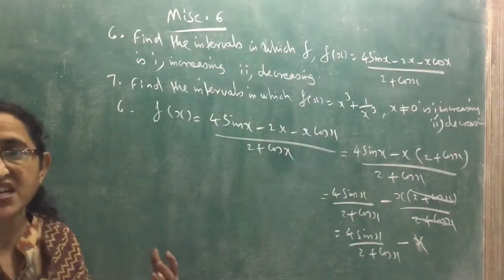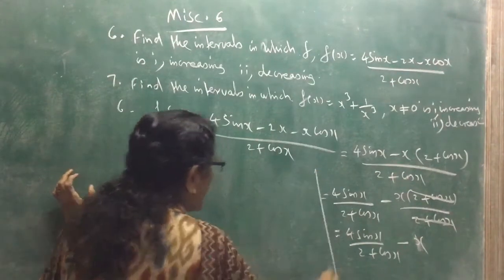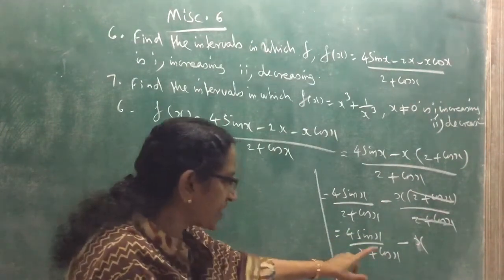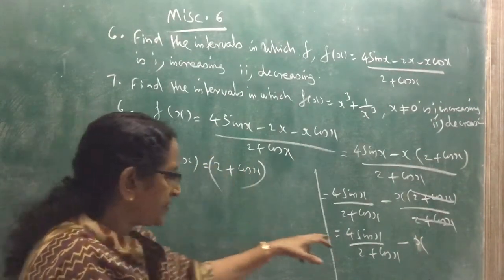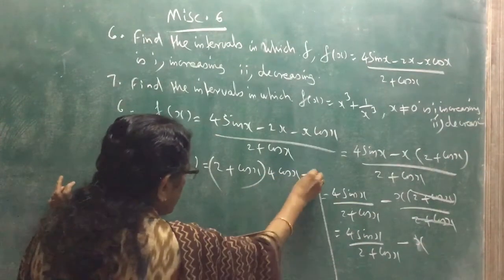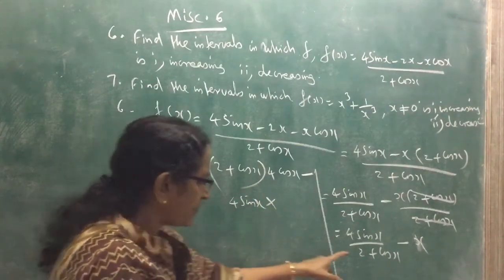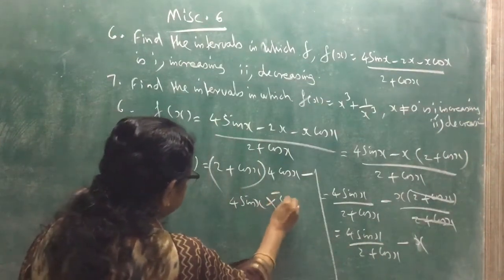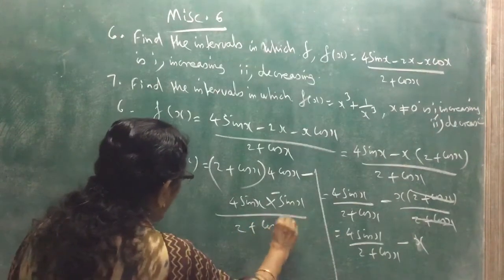Now we can find f dash x, the derivative. Here we have to apply the quotient rule. So denominator 2 plus cos x into derivative of 4 sin x, that is 4 cos x, minus 4 sin x into derivative of 2 plus cos x, that is 0 plus derivative of cos x, minus sin x, whole divided by denominator square, that is 2 plus cos x whole square.